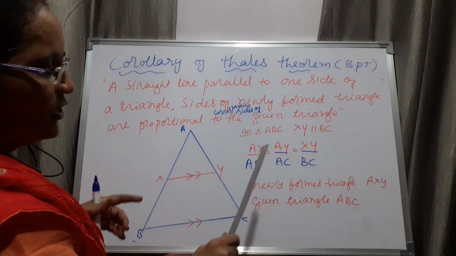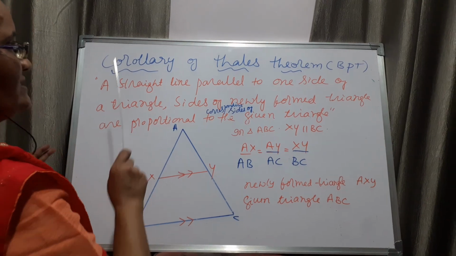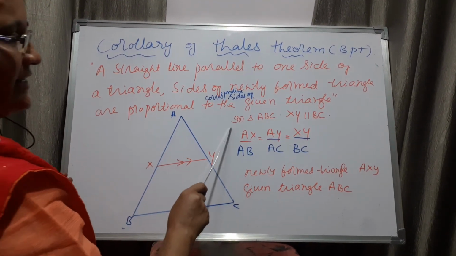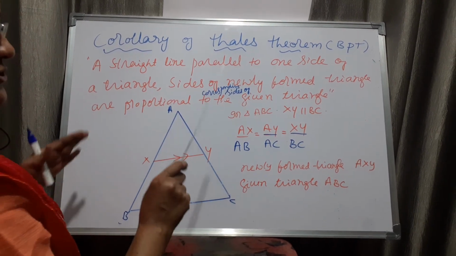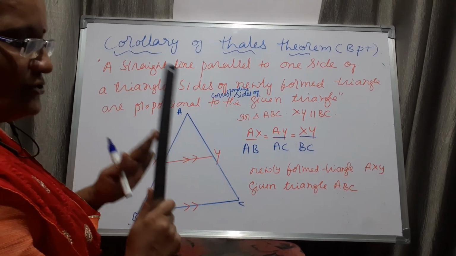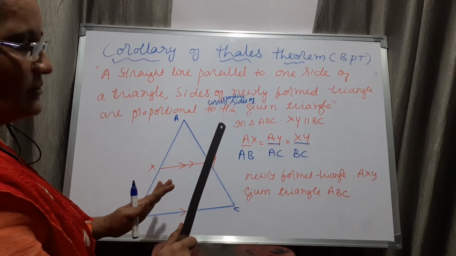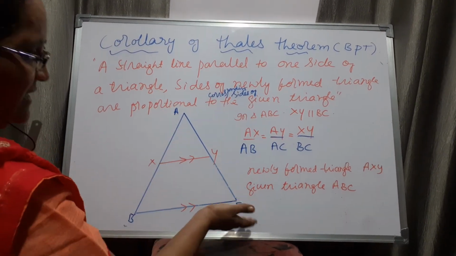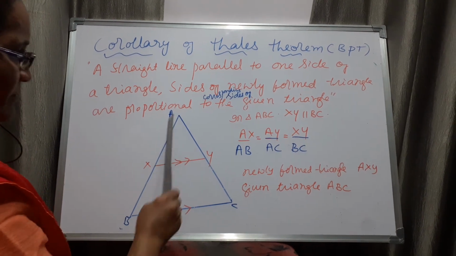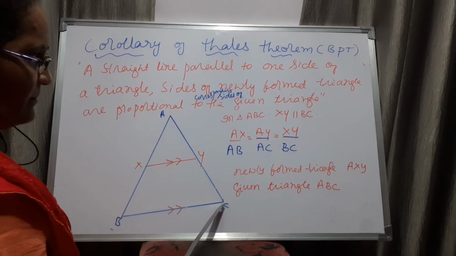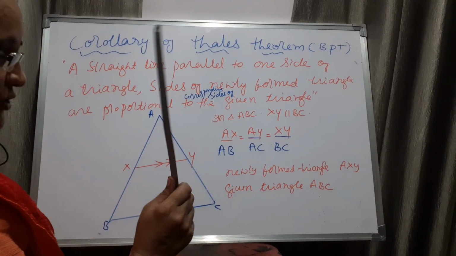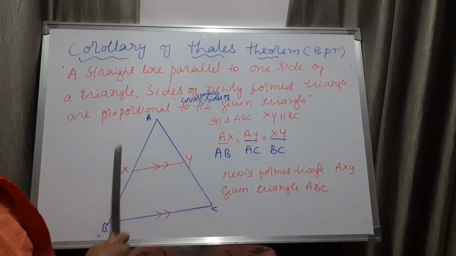These three that I have written are important: the corollary of Thales theorem and Thales theorem. It is like a formula. I mean, it's not a formula, but you have to keep it in mind.